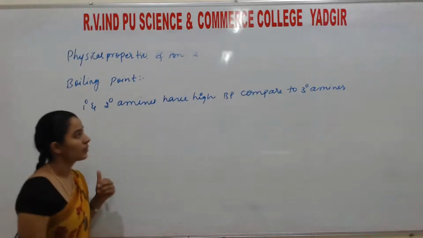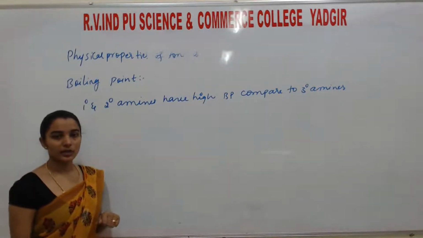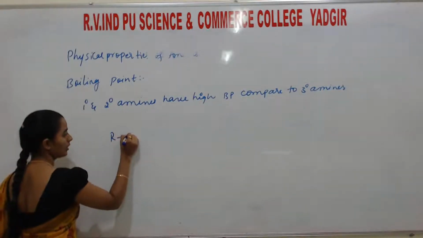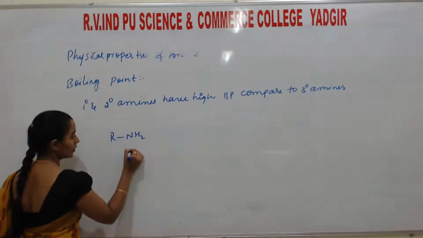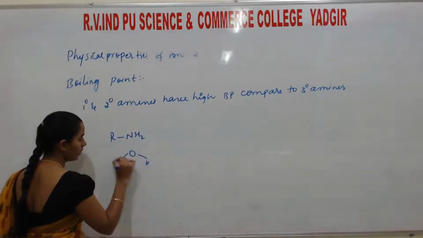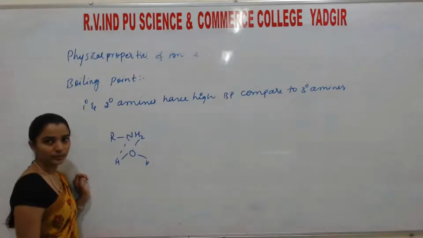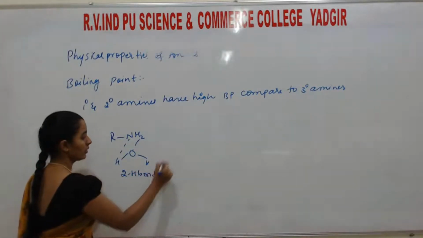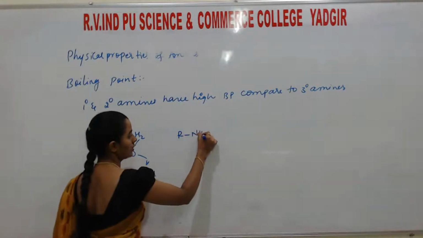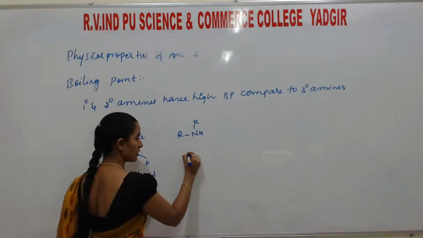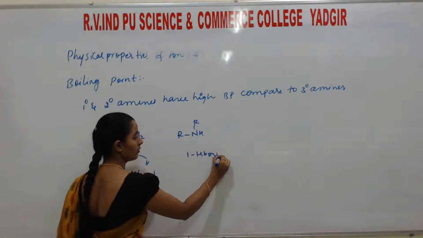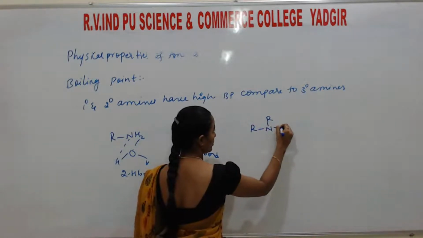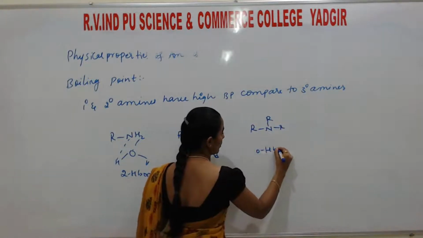Why? Because, listen, as I wrote before, an RNH2 type compound forms hydrogen bonds with a water molecule. Two hydrogen bonds are there here. In RNHR only one hydrogen is there, so one hydrogen bond can form. In tertiary there is no hydrogen bond, so zero hydrogen bonds are formed.